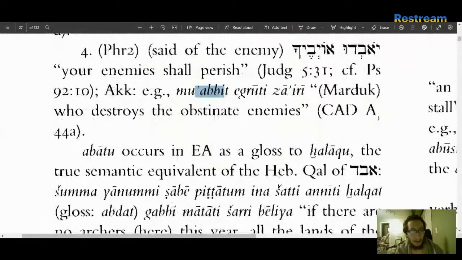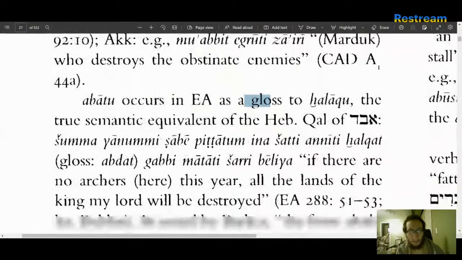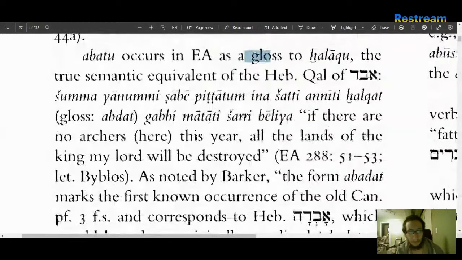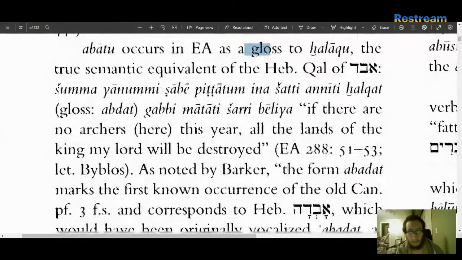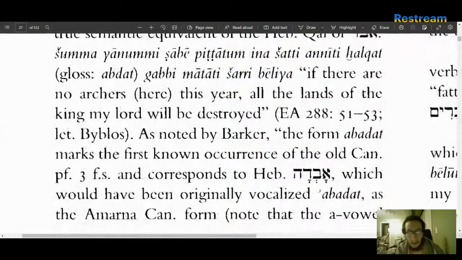So abatu occurs in the Amarna tablets as a gloss to halak, the true semantic equivalent of the Hebrew word.